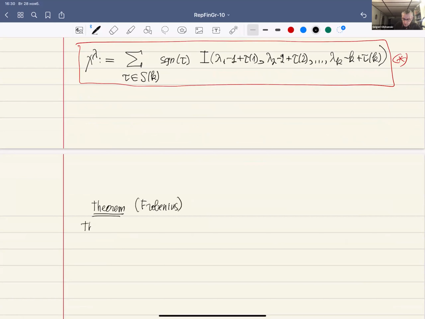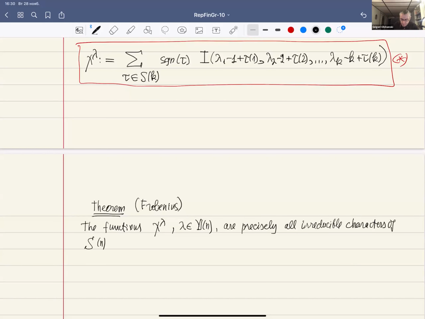The functions of this type, with lambda being a Young diagram with n boxes, are precisely all irreducible characters of a symmetric group. So this is the description we want.